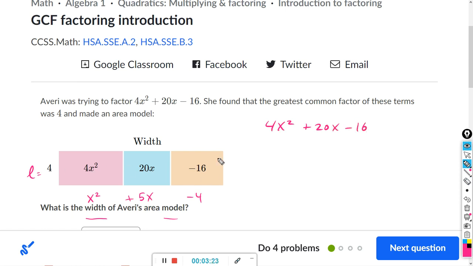And if we divide everything by 4, that's the same as factoring out a 4. So we'll have x squared plus 5x minus 4. So this expression is the same as this expression right here. We just factored out a 4, and then we divided each of these terms by 4. So that's the point of this exercise.